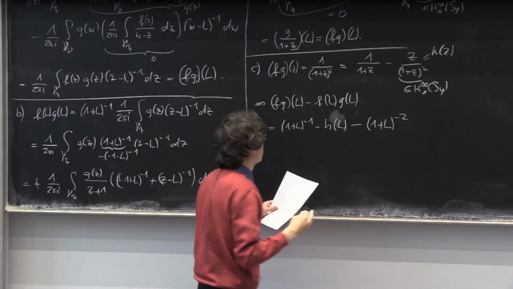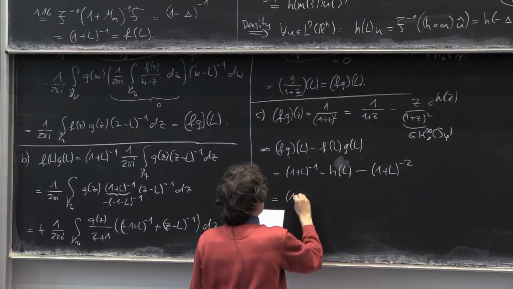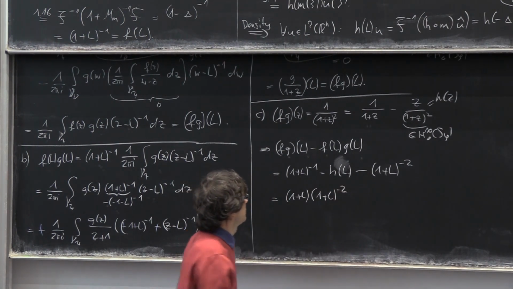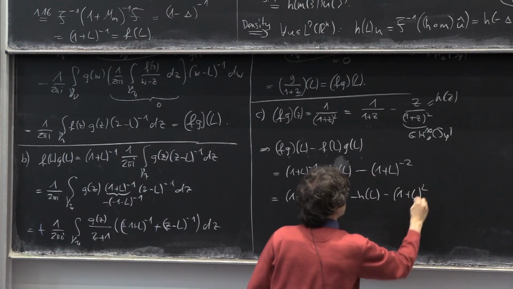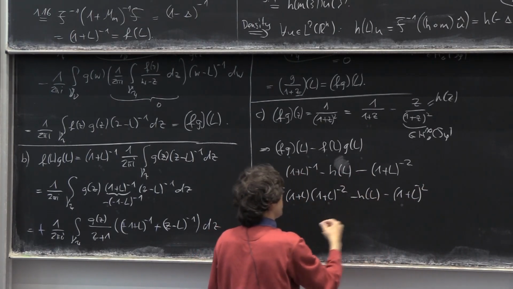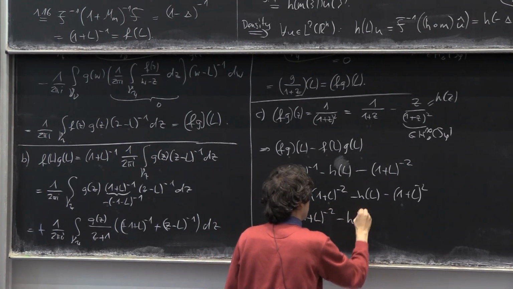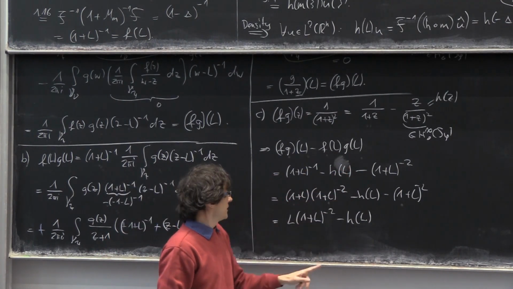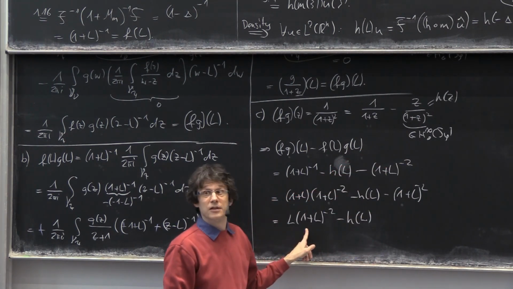Okay, and this is now, do some algebra, add another identity. So minus h of L minus 1 plus L to the minus 2. So this gives 1 times 1 plus L to the minus 2 minus the same thing. So what you get is L times 1 plus L to the minus 2 minus h of L. So what you need to show is that plugging L in here gives you this function.